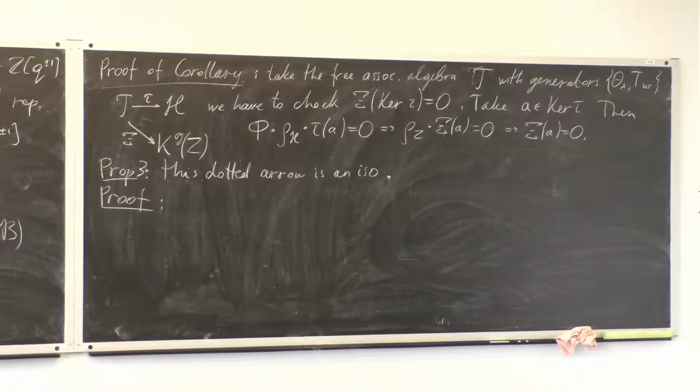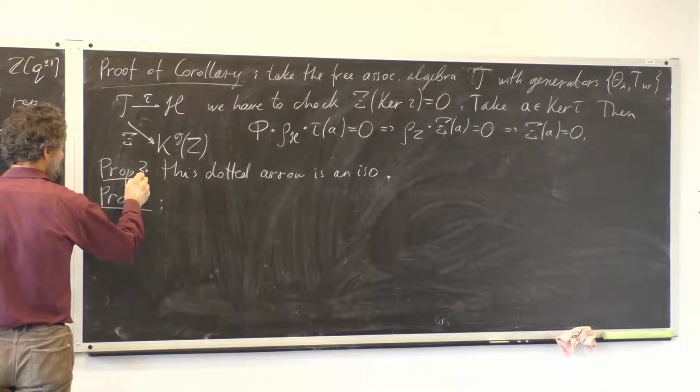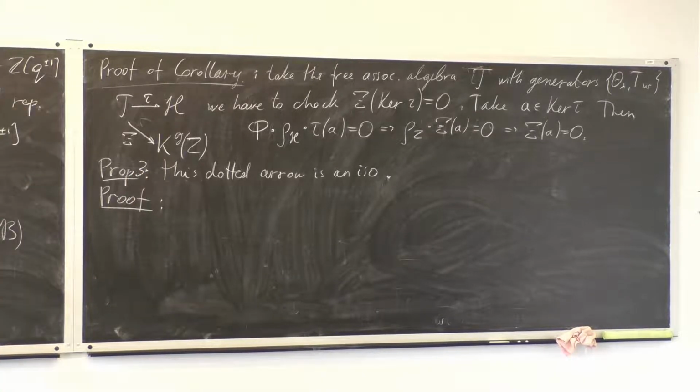And it will follow the same route as for SL2. So we'll consider a filtration both on the Hecke algebra and on the equivariant K theory, and this dotted arrow will be compatible with this filtration, but on the associated graded quotients it will be an isomorphism.